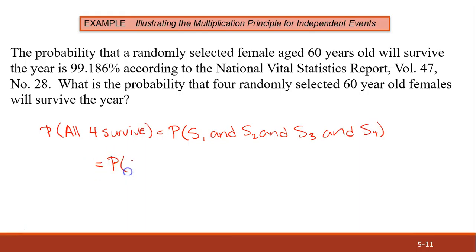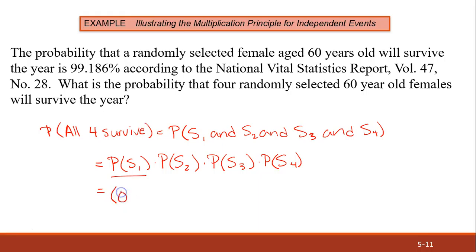We have the probability of the survival of the first times the probability of the survival of the second times the third times the fourth. Now, since each of these probabilities are the same thing, what we can do is just say the probability of one of them to the power of 4. And that's what I'm going to do here.